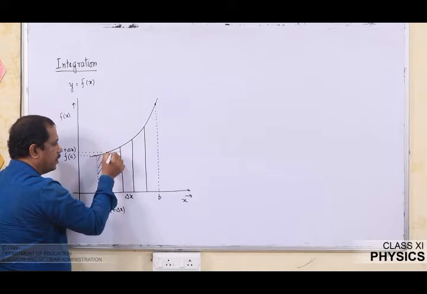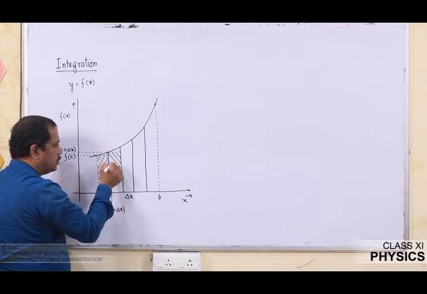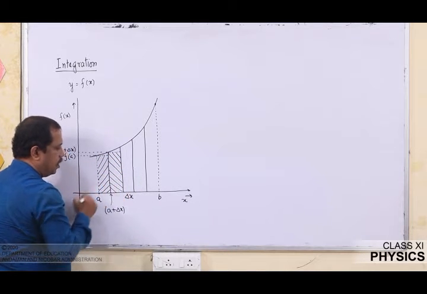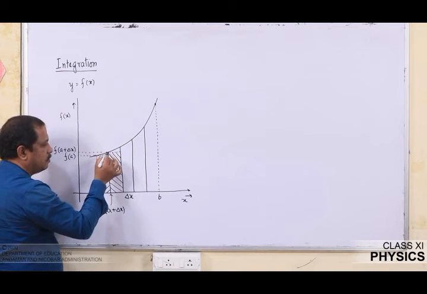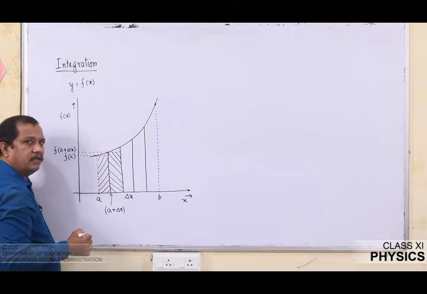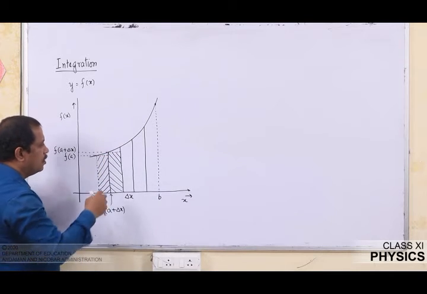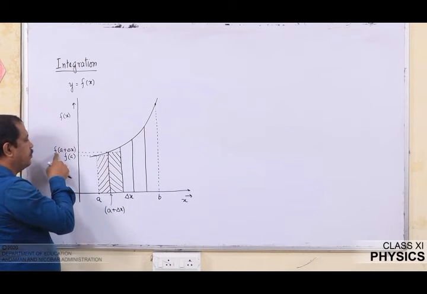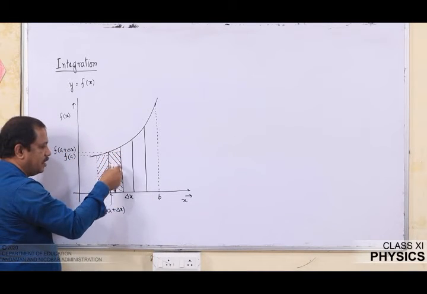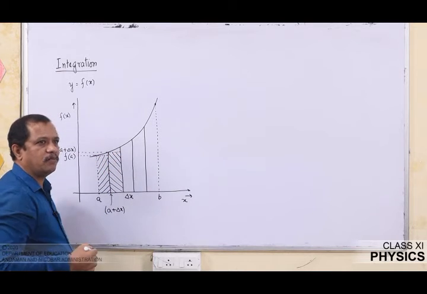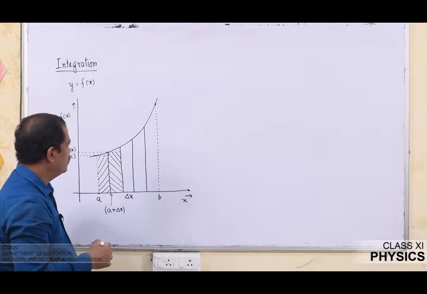I am going to find the area of this strip. Because this time it is a rectangle, I can use the formula height into width, where width is delta x and height is f of a plus del x, and I will get the area of this strip. However, this small portion of the area I am going to miss out.